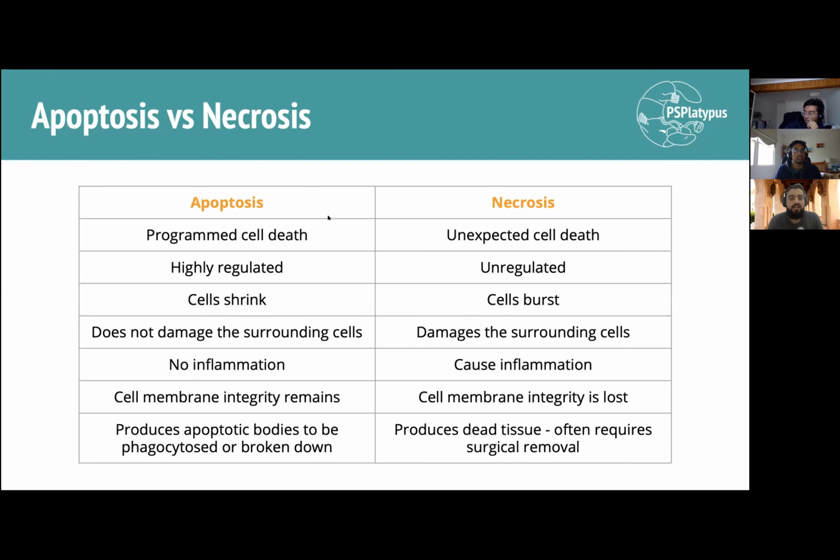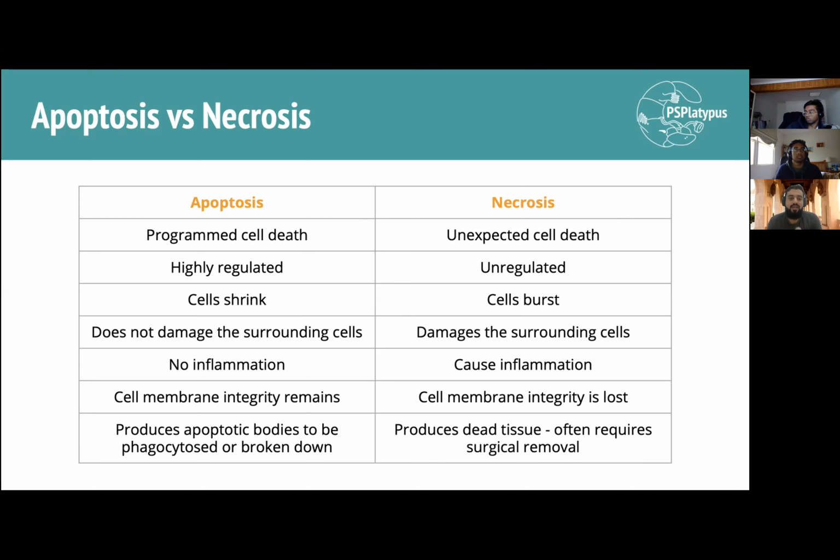So apoptosis is highly regulated and cells shrink. However, in necrosis, cells swell and eventually they burst. Apoptosis does not cause any damage to the surrounding cells and causes no inflammation at all. However, necrosis does cause inflammation and some damage to the surrounding cells, and the membrane integrity will be lost.